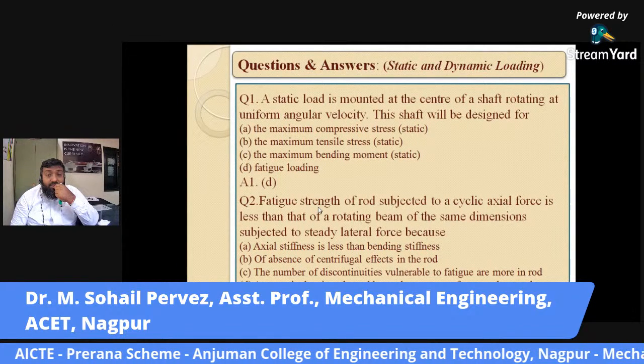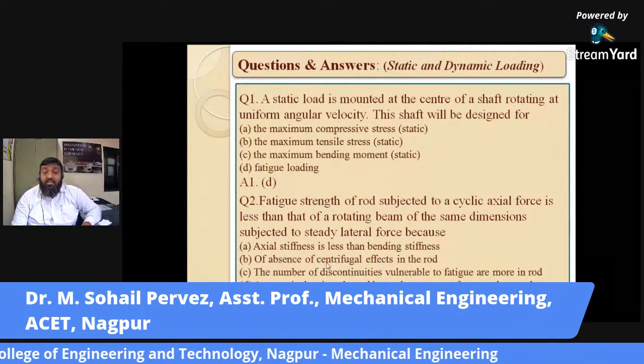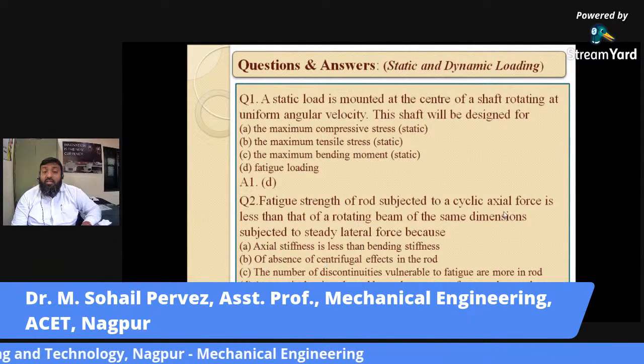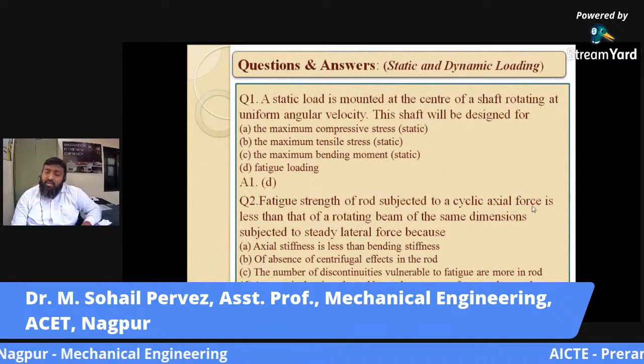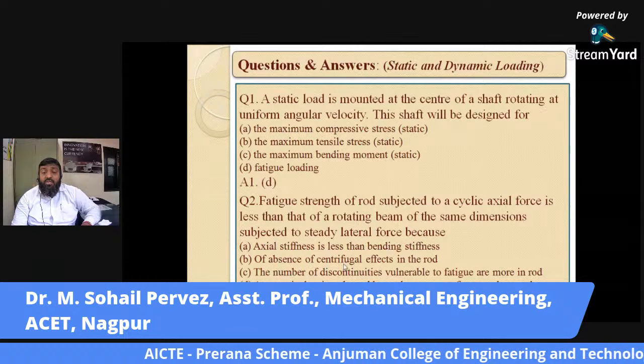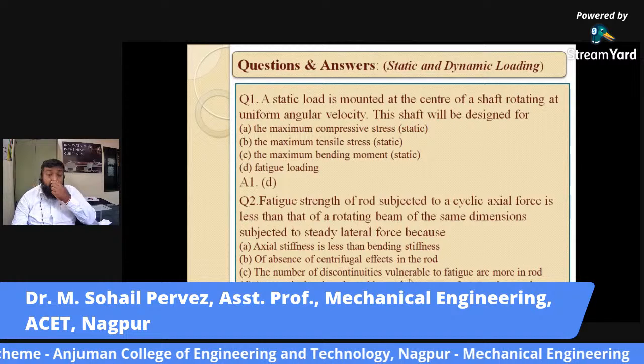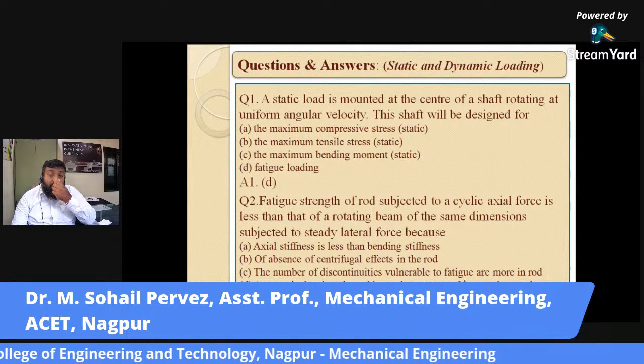Now, the hint is there in the word axial. Even though it is cyclic, it is axial. So, because of absence of centrifugal effect in the rod, the number of discontinuities vulnerable to fatigue are more in the rod.